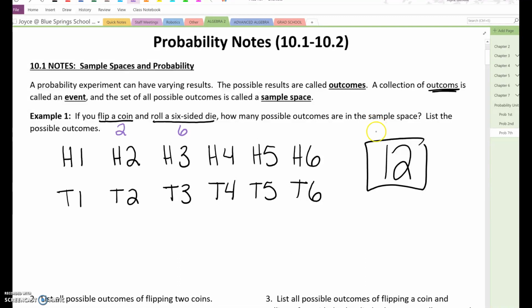Yeah, multiply. 2 times 6 equals 12. What word is connecting these two things that I have underlined? The word and. The word and in probability means multiply. So if they're asking you to flip a coin and roll a 6-sided die, 2 times 6, there's 12 possible outcomes.